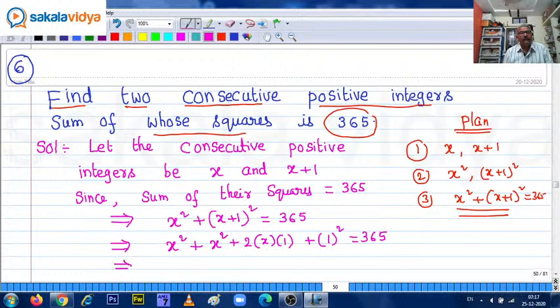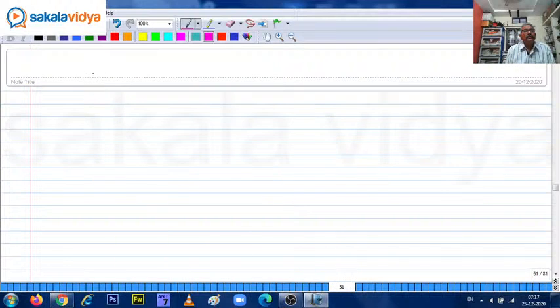Now we can simplify: x square plus x square is 2x square, plus 2x, plus 1, minus 365 equals 0. So now we get 2x square plus 2x minus 364 equals 0.